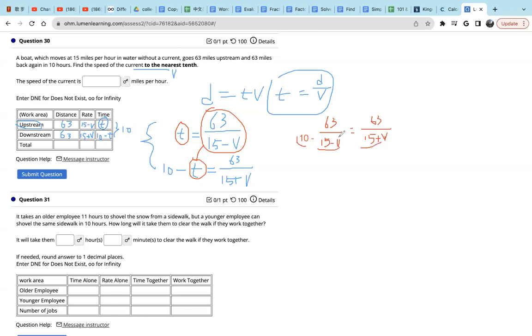I'm going to multiply every term by my least common denominator, which is 15 minus V times 15 plus V. If I do that, I have 10 times 15 minus V times 15 plus V, then minus 63 times 15 plus V equals 63 times 15 minus V.